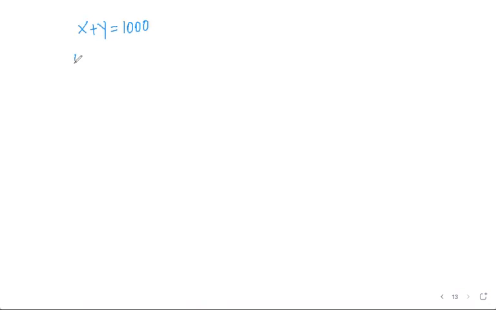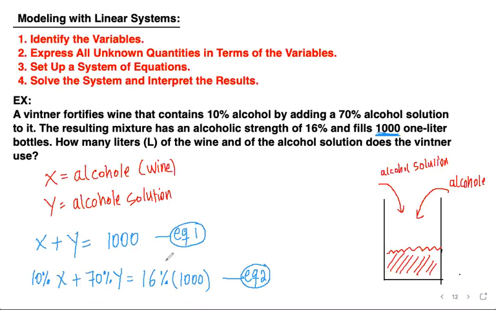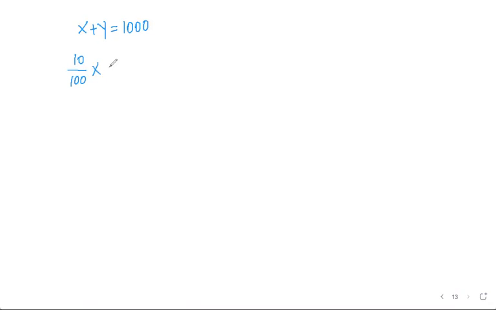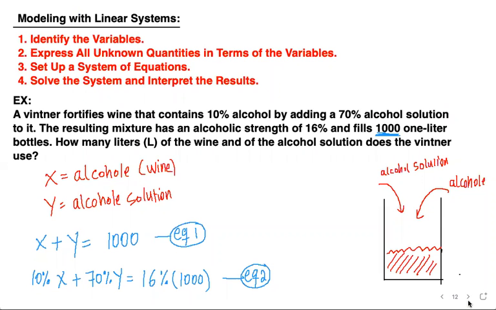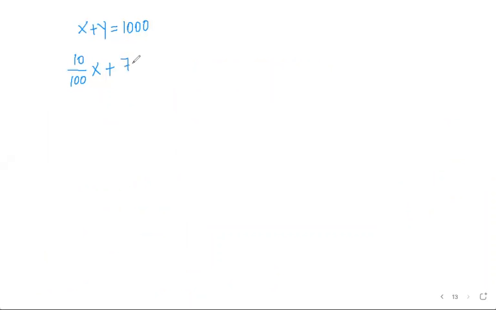And my second one is 10 over 100 X, because if I keep it as percent, I cannot find the value for X. So I have to set up the system, plus 70 over 100 Y equals 16 over 100 times 1000. So this is my first equation, and this is my second equation.